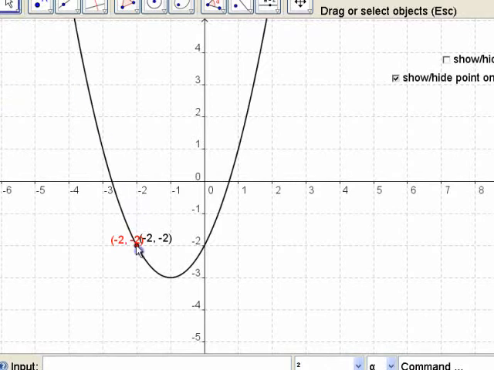So the point 2, 2 is the same point. We're starting from there, but if I draw this down to there, the point -1, -3, if I switch the x and y values, becomes the point -3, -1. I'm just trading the values.